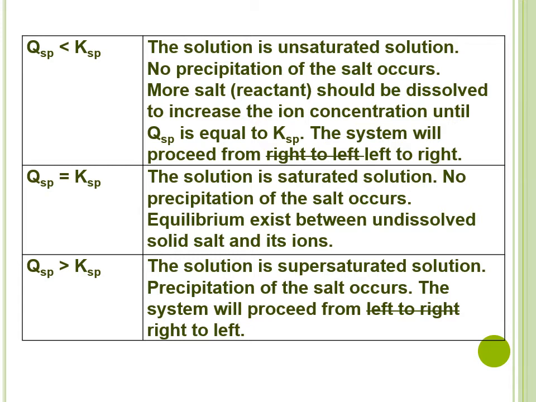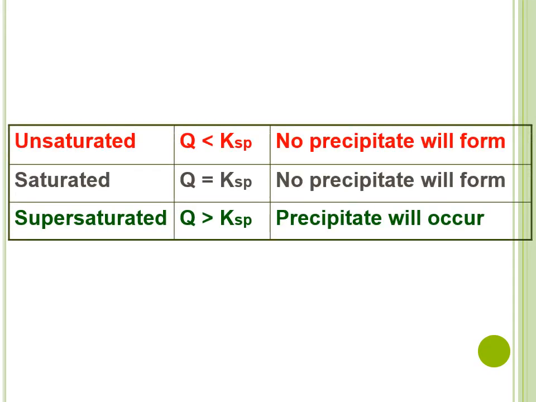And if the QSP calculated is more than KSP given in the question, the solution is actually a supersaturated solution. Precipitation of the salt occurs. The system will proceed from right to left. Again, please make this correction both in the orange and green book. Thank you very much.